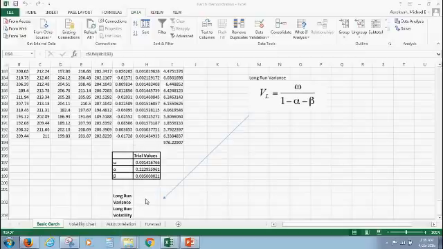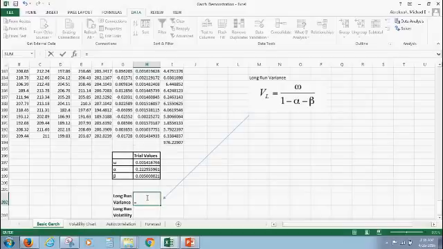So the next step would be to calculate the long-term variance rate, VL. So again, what I'm going to do is I'm actually now going to apply the new coefficient values, like so.